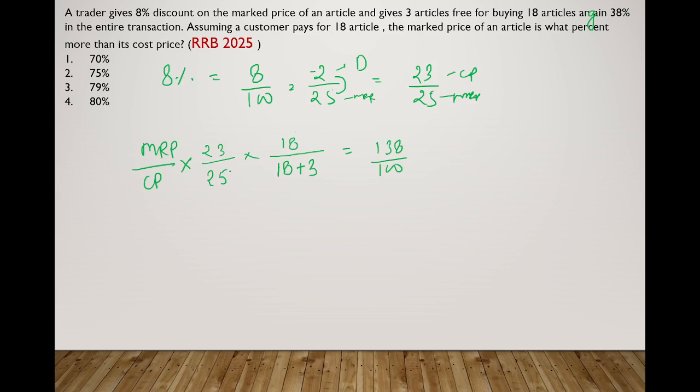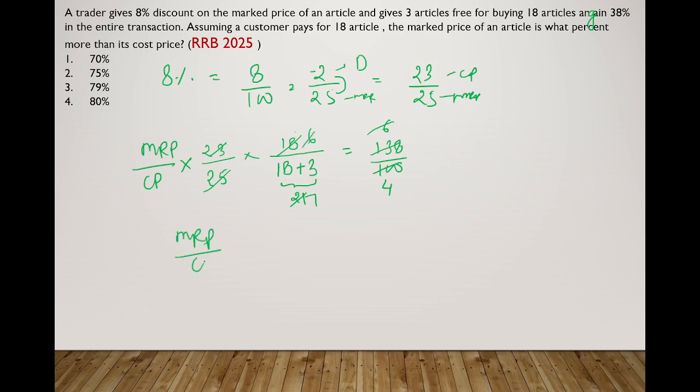So this is 4 and this is 21. So 3 sixes and 3 sevens, 23. 6 sixes, this is 6.